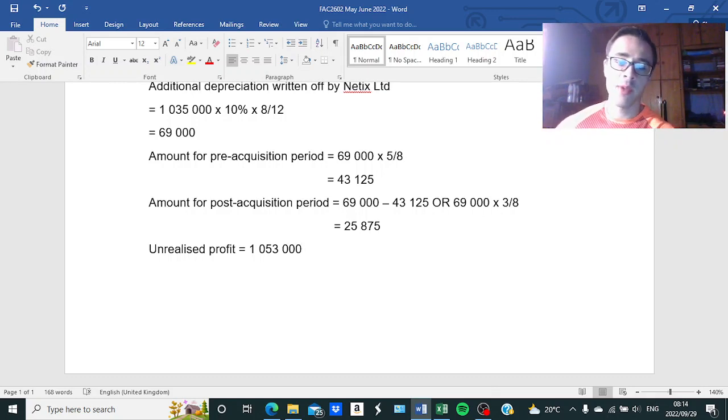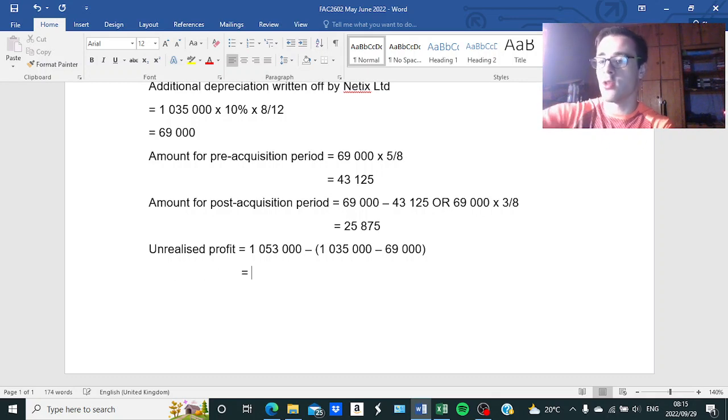Then we have to subtract the carrying value of the equipment on the date of sale, which is calculated by taking the carrying value at the beginning of the year, which was 1,035,000. This was given, and then we subtract the additional depreciation written off of 69,000. If you have calculated this correctly, you should arrive at an amount of, let me just calculate this.